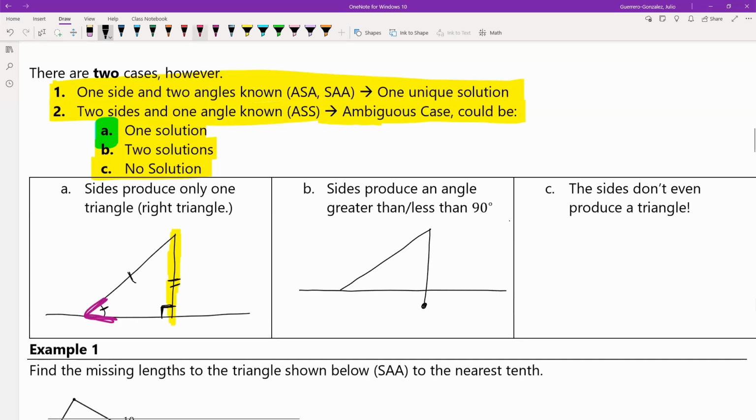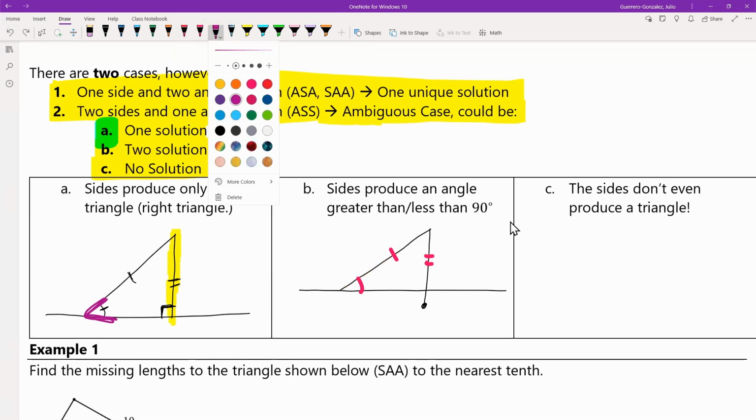Okay. So remember, angle, side, side. Here's where my two solutions come in. I'm going to put down two triangles, right? And I should do it in a different color. I'm going to do it in purple.